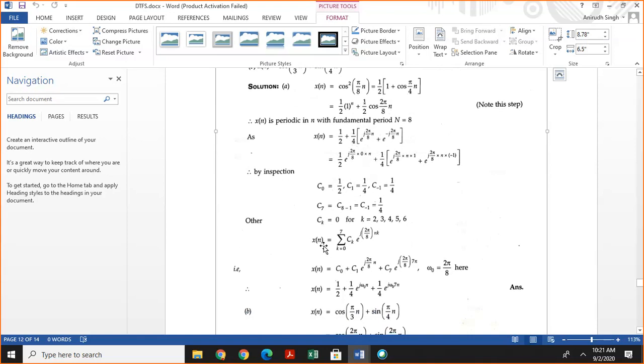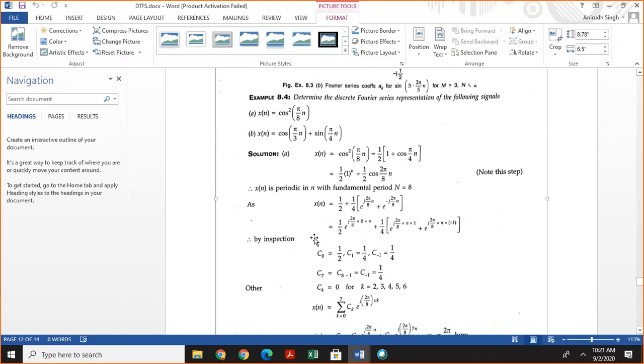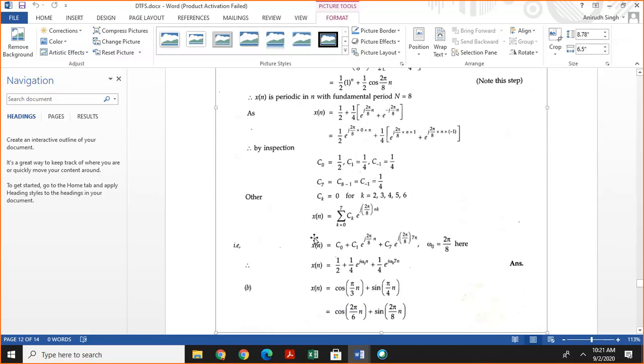The fundamental period is 8, so if we add 8 here, we get c7, so c7 or c minus 1 is equal to 1 by 4. Other values of ck, when k is 2, 3, 4, 5, 6, are all 0.